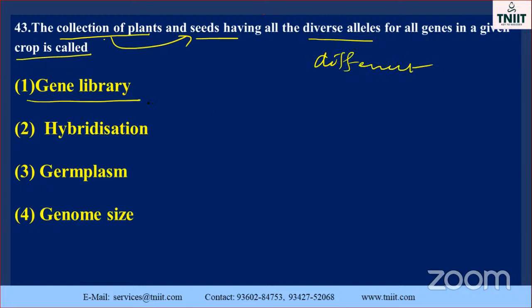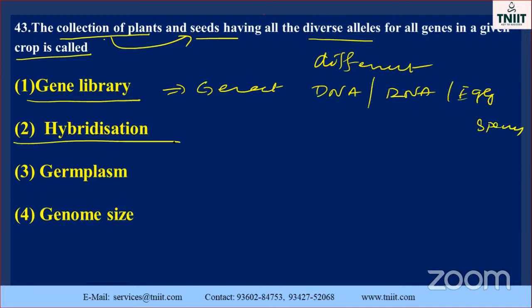It is not a gene library. In a gene library they only store the genetic DNA or RNA, and egg or sperm. Hybridization is a technique, okay, and germplasm is the correct one.